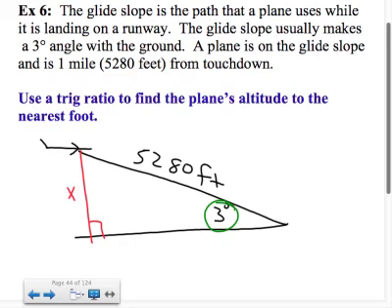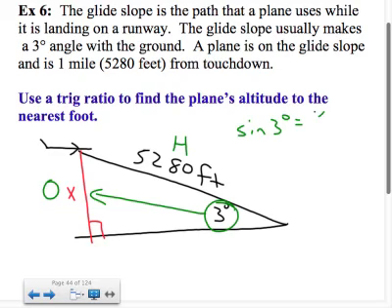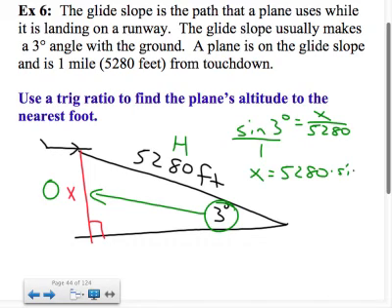Here's my angle. I want to know this side, which is the, I was going to say opposite, but I wrote down H. Doesn't make a lot of sense. That's the opposite side. Clearly, this is the hypotenuse. Opposite hypotenuse tells you to use sine. So the sine of 3 degrees equals opposite over, and then hypotenuse is 5,280. Again, put this guy over 1, cross multiply, x equals 5,280 times the sine of 3.